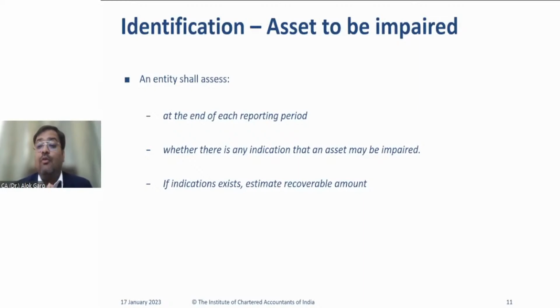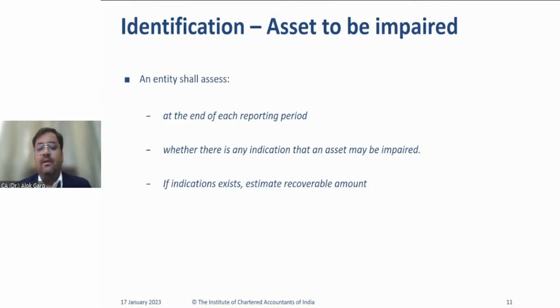Impairment means you have to engage your valuers as well for doing the fair valuation. For example, if there are big companies like Reliance, Adani, Nestle, ITC, Tata Motors, Tata Steel, these companies have big plants and big machineries across India and across the globe.